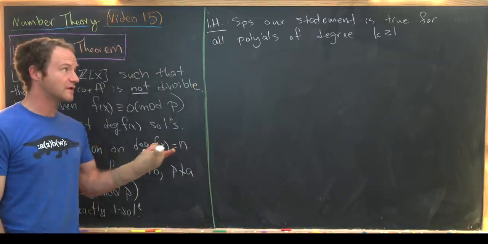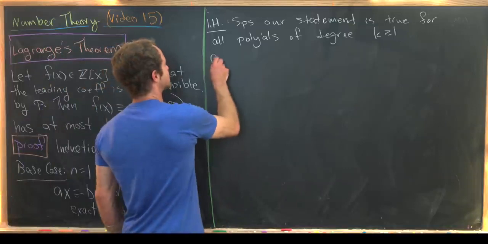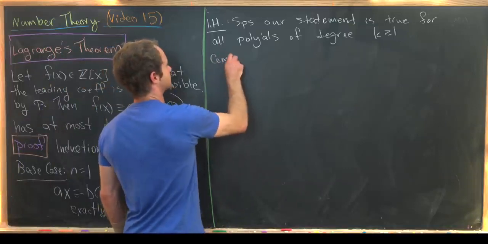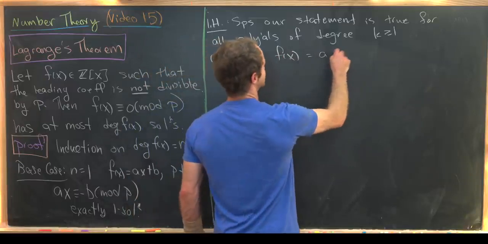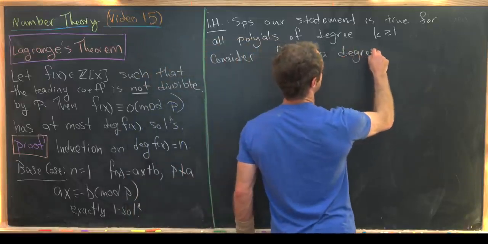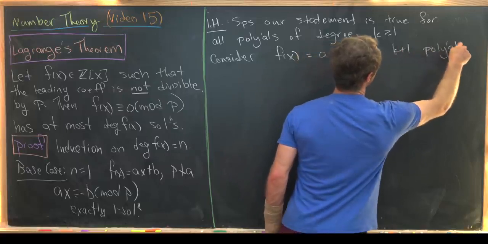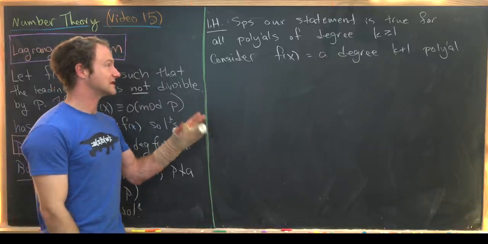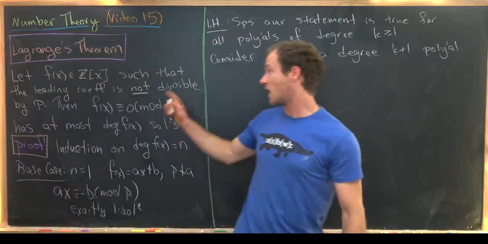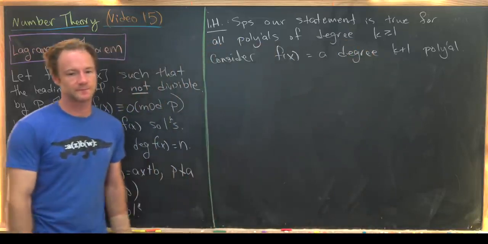And then we want to show that it's true for a degree k plus 1 polynomial. So let's consider f of x, which is a degree k plus 1 polynomial. And I won't write this down, but I'll just say it in words, where the leading coefficient is not divisible by p. So it satisfies the hypothesis over here.